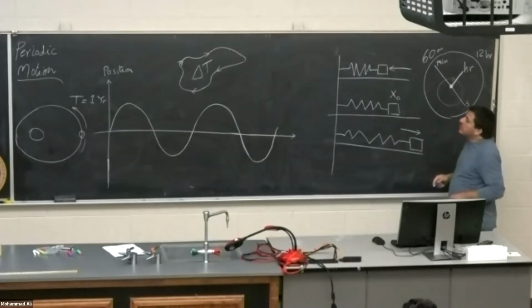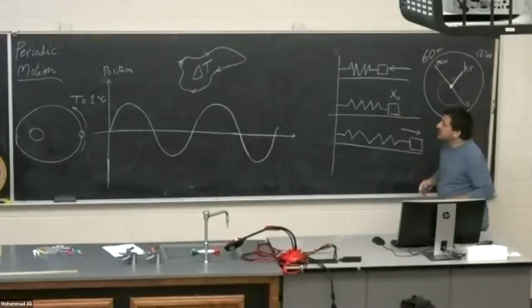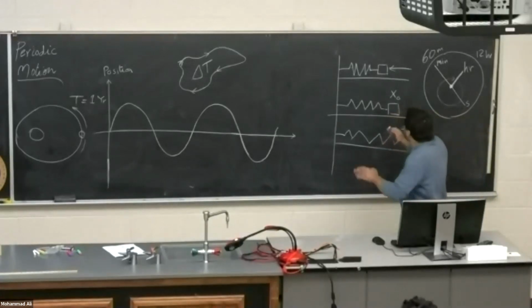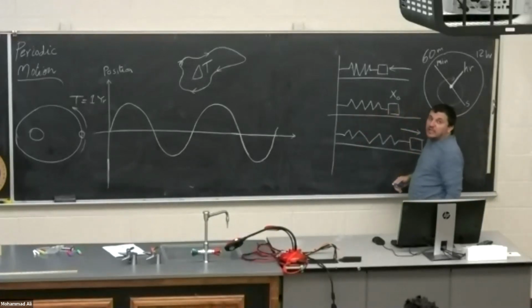In our study, we will study also the spring system. If we have a spring with a mass, and you will see that in the lab, I think, or maybe you saw it in a previous semester.